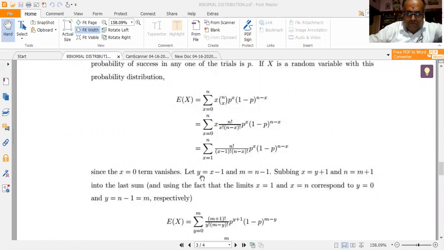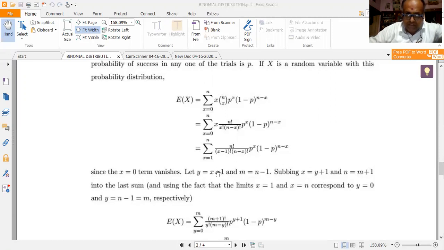Now when I do the substitution y is equal to x minus 1, I can also write x is equal to y plus 1. And when I substitute m is equal to n minus 1, I can write n is equal to m plus 1 into the last sum, right? This substitution is very, very important.